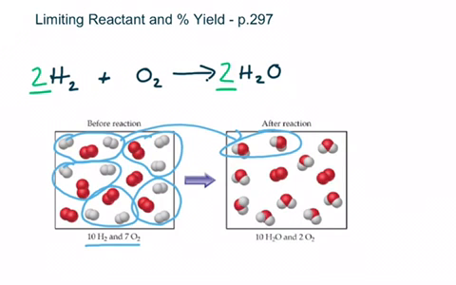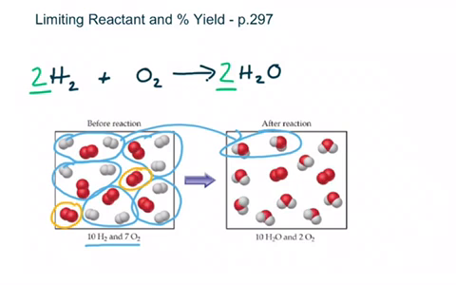But if you notice, once we use up all that hydrogen, then we still have 2 oxygen molecules remaining that weren't able to be converted into the product water simply because there are no more hydrogens left. They've already reacted.